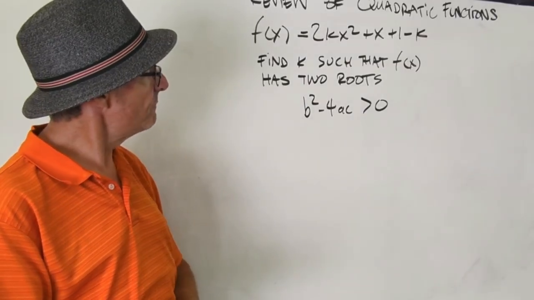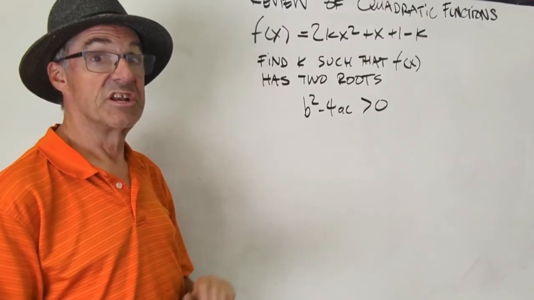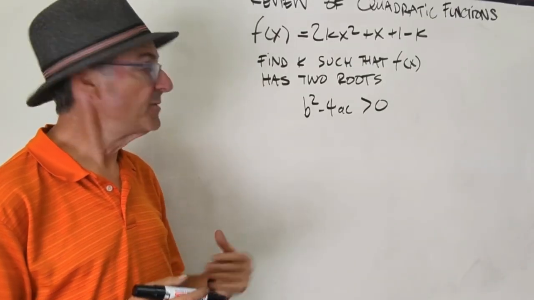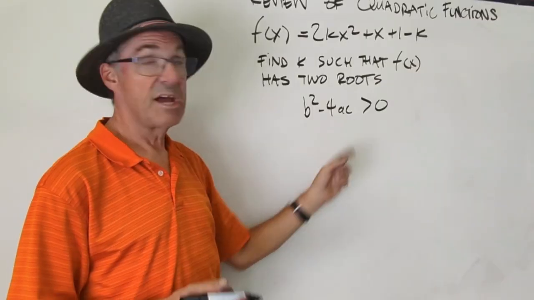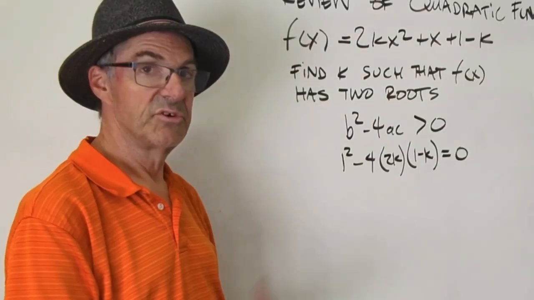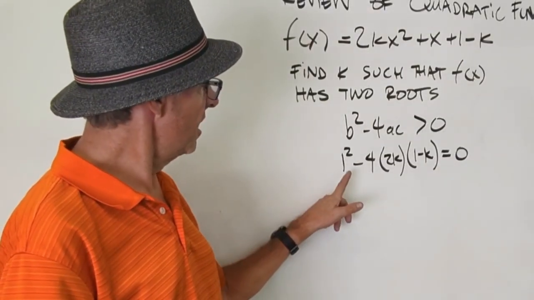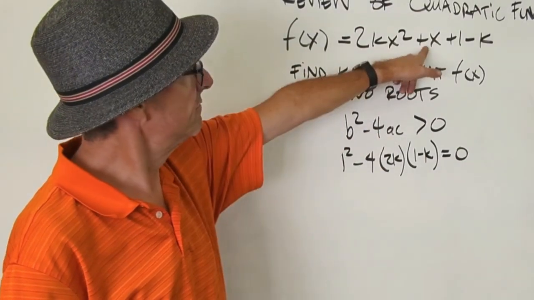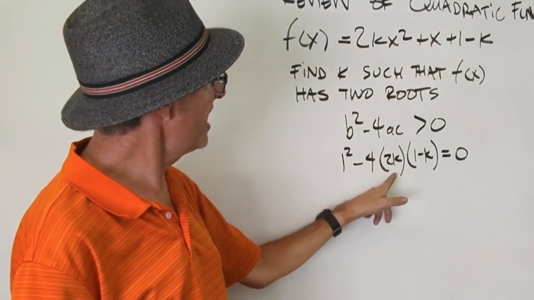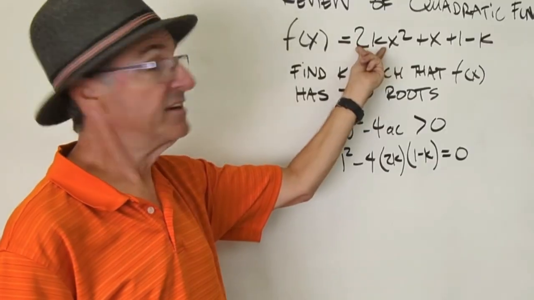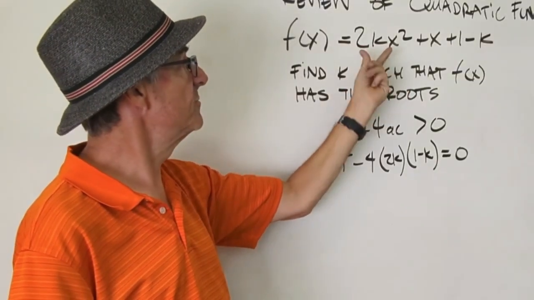So go ahead and pause the video and think about what your next step might be. Do that step. It's going to be a plug-in. You're going to need to evaluate the function and do a plug-in step with the discriminant. So here's my plug-in step. B is just 1. There's a 1 there. So it's 1 squared minus 4 times a. The a is the 2k. Whatever is in front of the x squared term is our a.